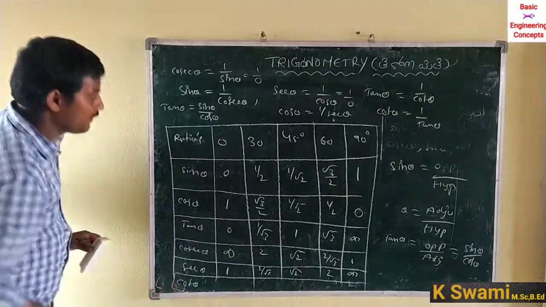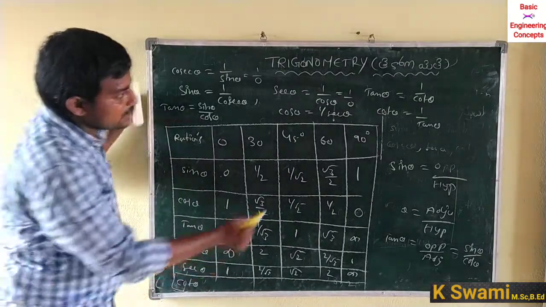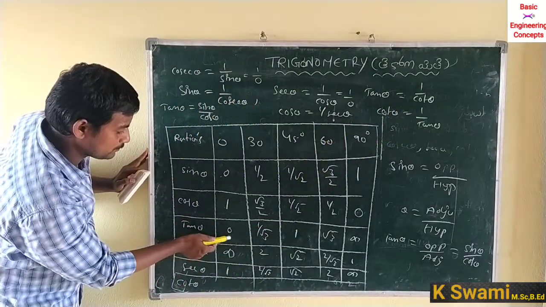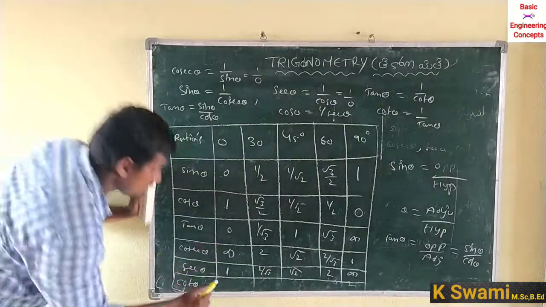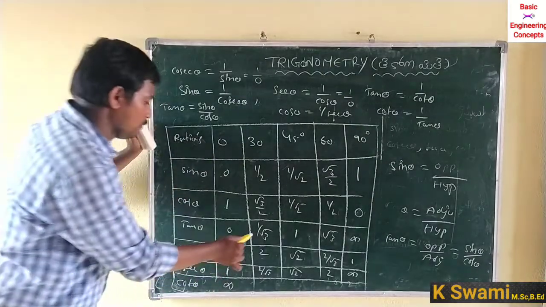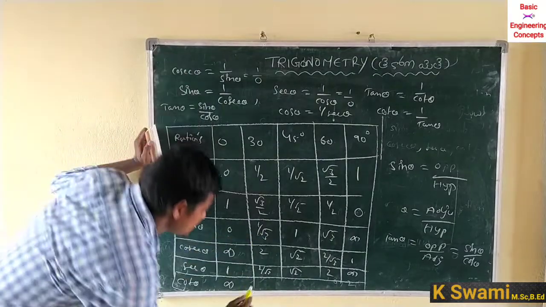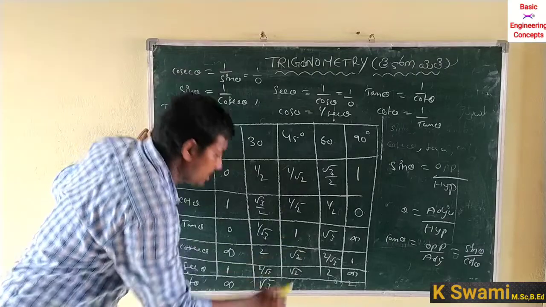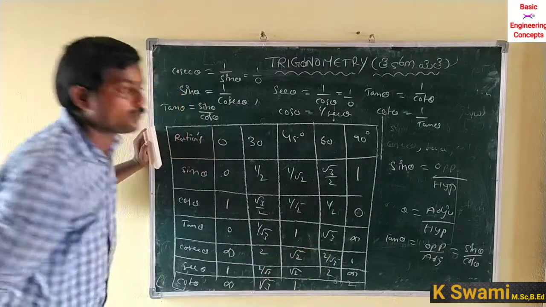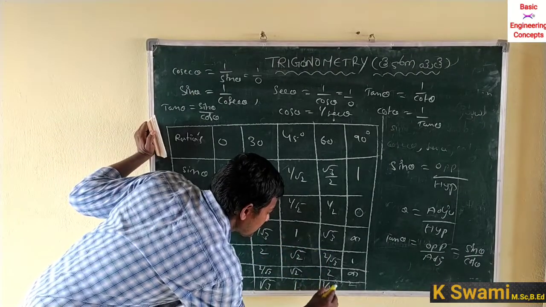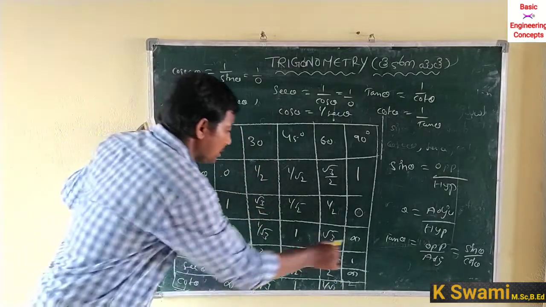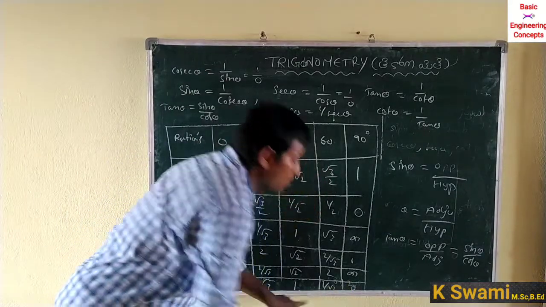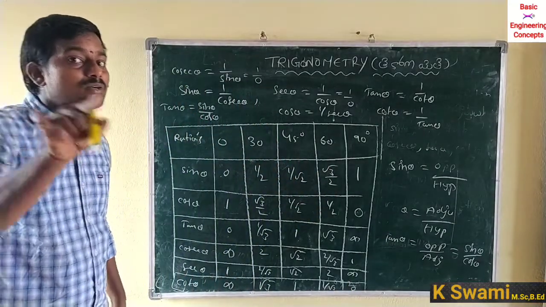And finally, cot theta is equal to 1 by tan theta. So 1 by 0 is undefined, and 1 by 1 by root 3 is equal to root 3, and 1 by 1 is equal to 1, and 1 by root 3 is equal to 1 by root 3, and 1 by infinity is equal to 0, 1 by undefined is equal to 0.